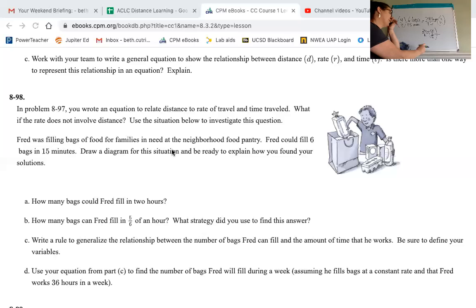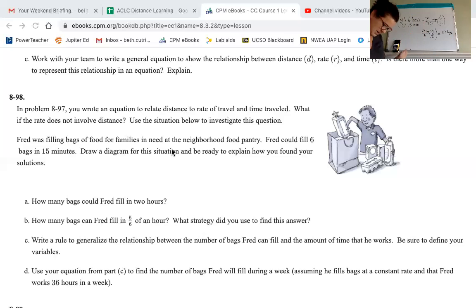So 24 times 5/6 is, I'm going to just multiply 24 by 5, and then divide that answer by 6. And I'm going to get 20 bags, which sounds about right, because if he does 24 in an hour, he does a little tiny bit less, does 4 bags less in taking 1/6 of an hour out.